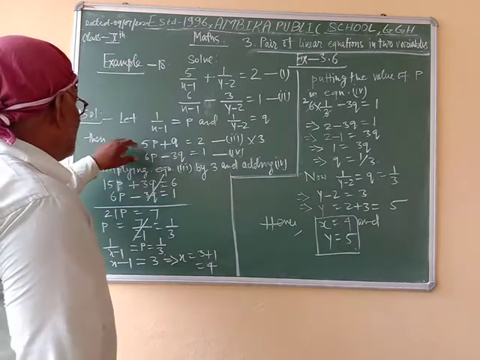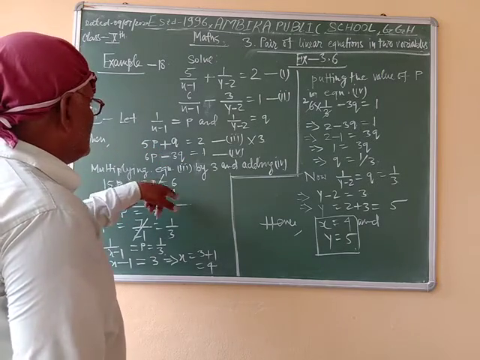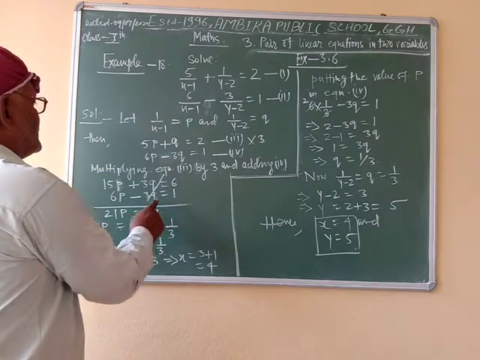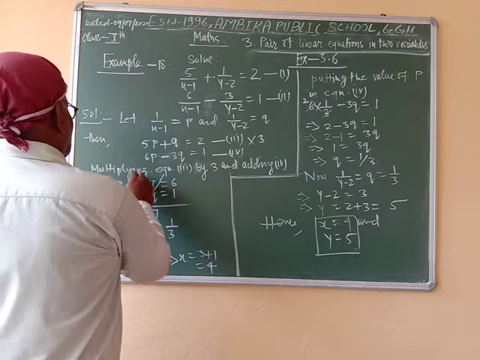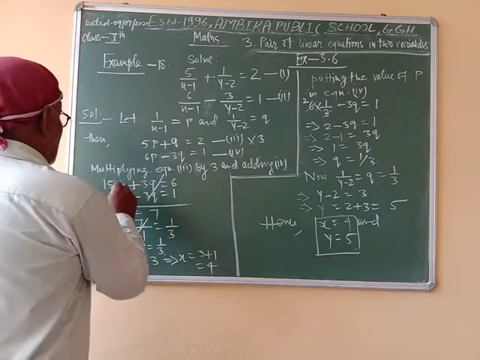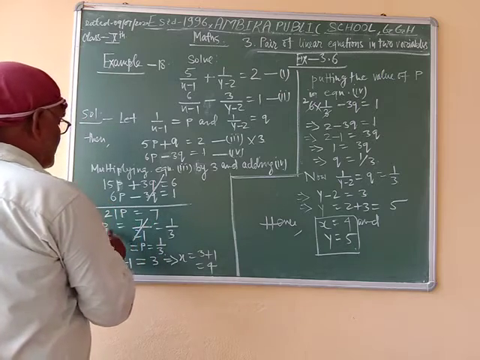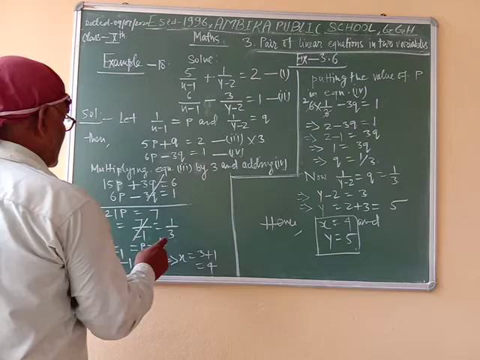Multiplying by 3 we have 15p plus 3q is equal to 6 and adding with 6p minus 3q is equal to 1, plus and minus cancel. 15p plus 6p, 21p is equal to 7, therefore p is equal to 7 by 21 is equal to 1 by 3.